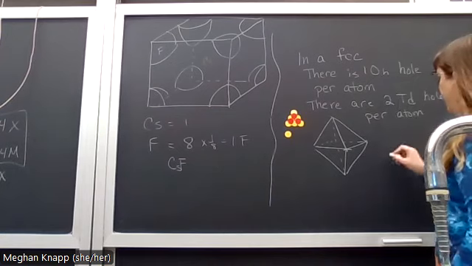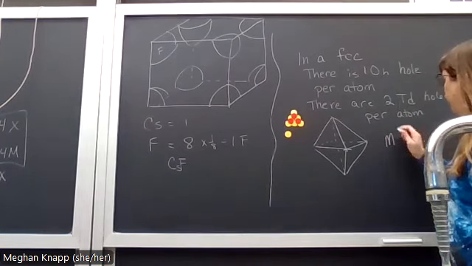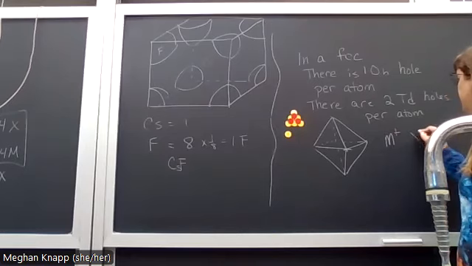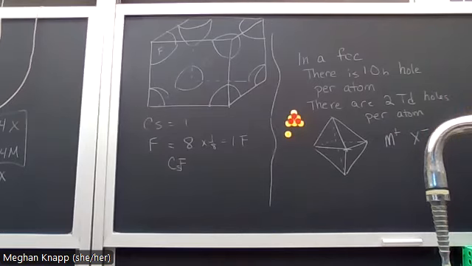So if the metal is positive 1 and the anion is negative 1, then having the metal in an octahedral hole would give a 1-to-1 ratio, right? But if the metal is a 1 plus and the anion is a 2 minus, then having the metal in the tetrahedral hole would make sense.